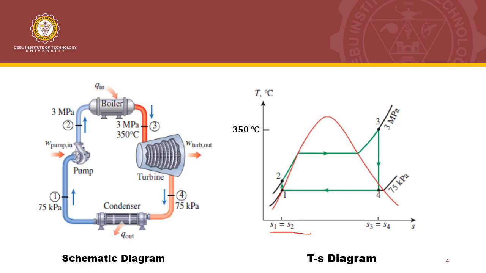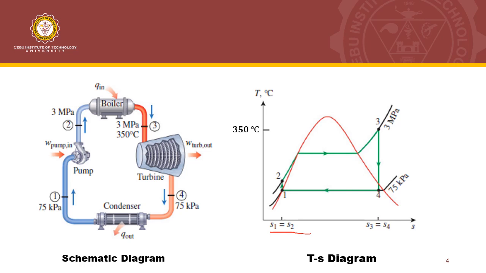Another constant property process here is process 2 to 3, which is an isobaric process. So the pressure at 2 is equal to the pressure at 3. Same also with process 4 to 1. This is also an isobaric process. Pressure at point 1 is the same as the pressure at point 4.